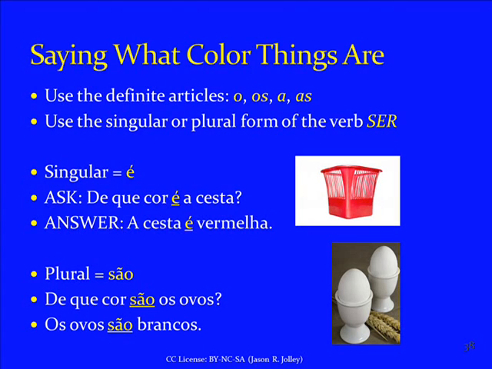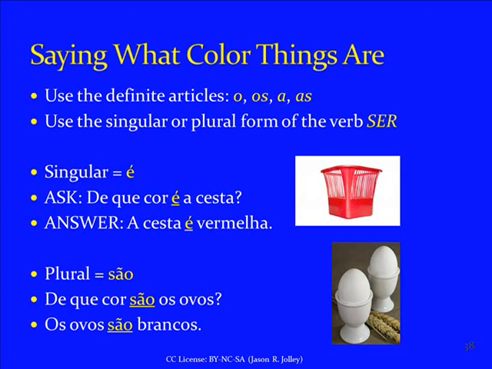In order to do that, instead of using the indefinite articles, the words for a or a few, we're going to go back to the definite article words, the equivalents of the. In other words, o, os, a, and as, and we have to pull in the singular or plural forms of the verb ser, to be, right?